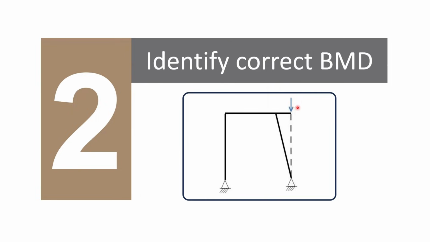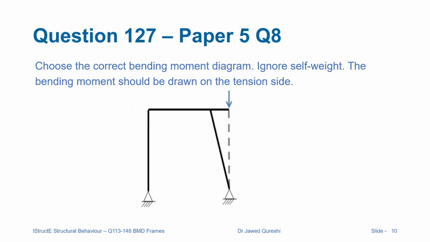That will force the frame towards left. If this was vertical, then it would go towards right. But now, because we have an inclined member, that will really push the frame. We have to ignore self-weight here, and bending moment should be drawn on the tension side.